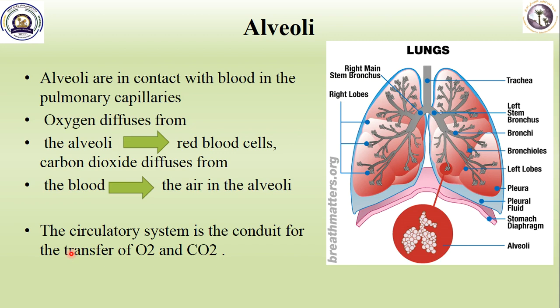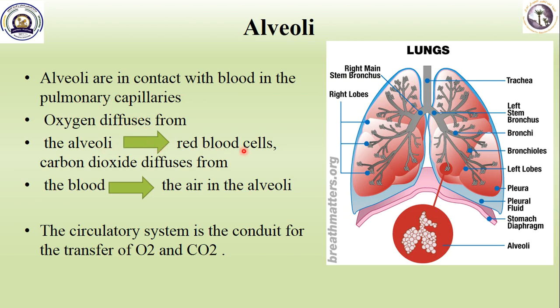In the alveoli, as I mentioned before, which is considered one of the most important operating units in the pulmonary and breathing system, there is contact with the blood, where the blood is in the pulmonary capillaries, and the oxygen is going to diffuse from the alveoli to the red blood cells.